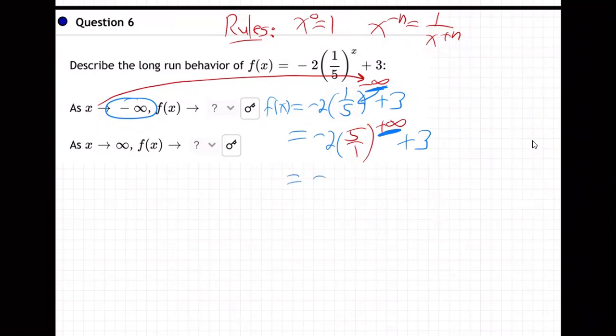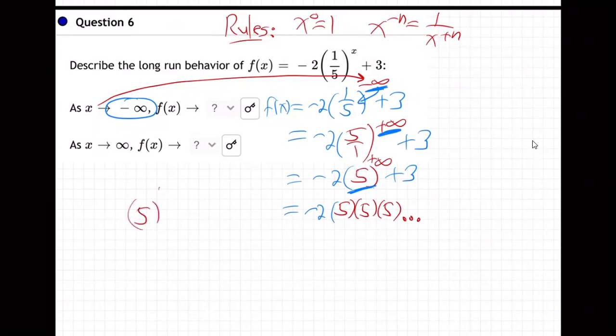So what does that equal? Well, 5 over 1, that's just 5 to the positive infinity, plus 3. And what's that? What's 5 to the infinity? Doesn't that mean 5 times 5 times 5 forever, right? Like if I said, what's 5 to the third power?